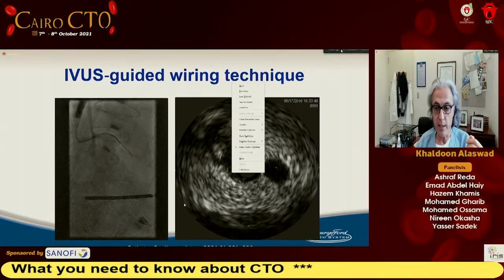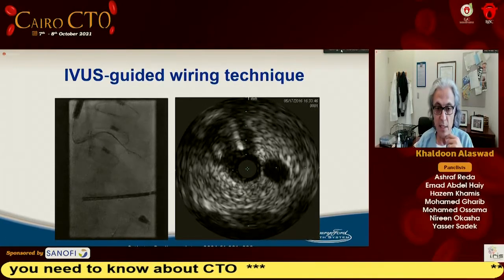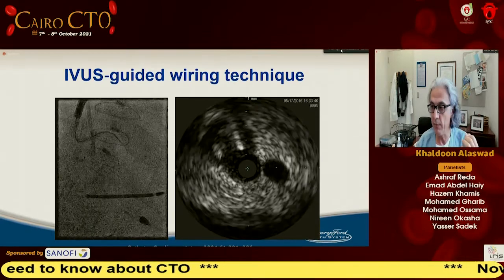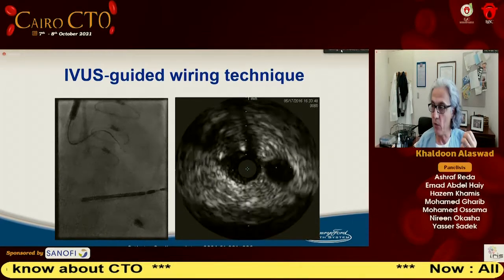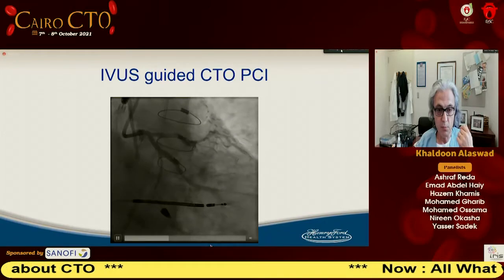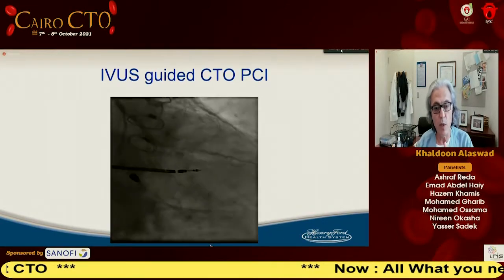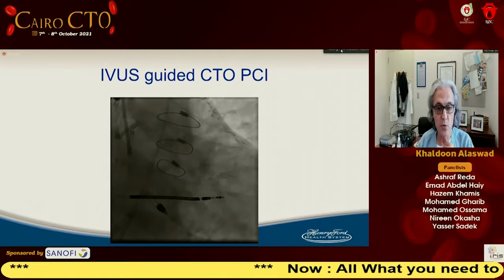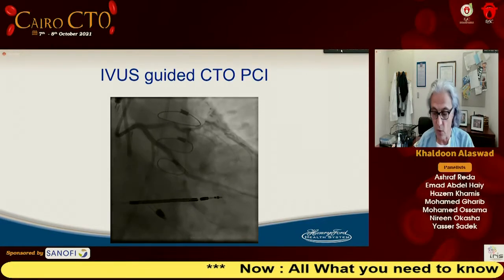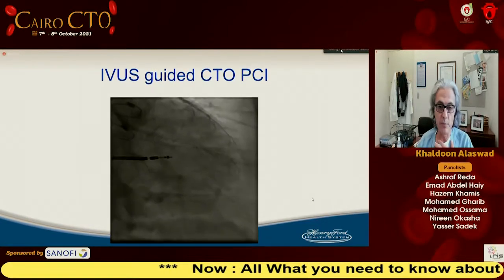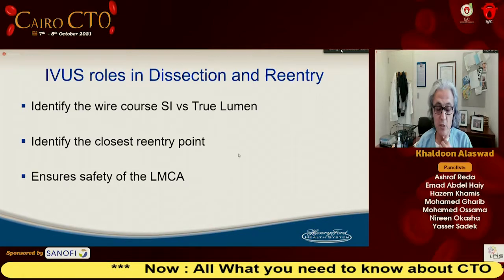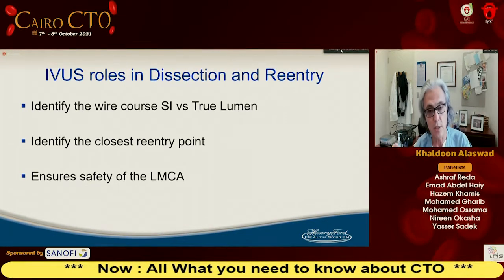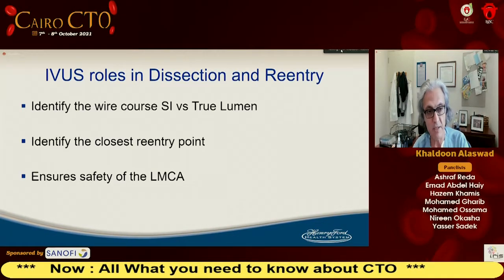And when you look here at the right side of the screen, I can see the wire right in the cab. So I was able to advance a microcatheter, and you basically downgrade the wire, and the wire went smooth sailing, and we have a huge circ, huge OMs. We were able to preserve both branches. And after you cross, actually the IVUS will tell you where the other branch is, so you can wire it.